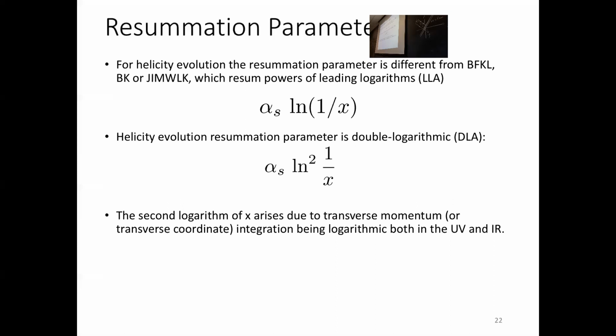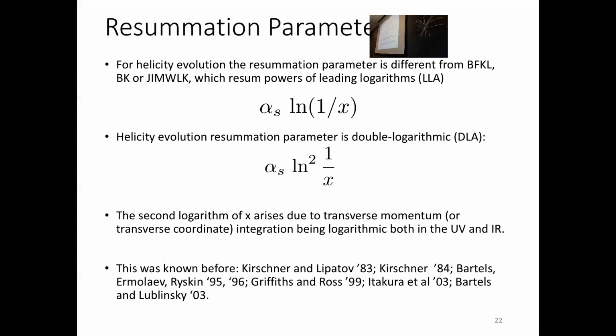One log comes from the integral over longitudinal momentum. The second log, in the case of this helicity evolution, comes from the integration over transverse momentum. In the unpolarized evolution, transverse momentum integration does not generate a log of 1 over x. Here, for helicity evolution, it does.